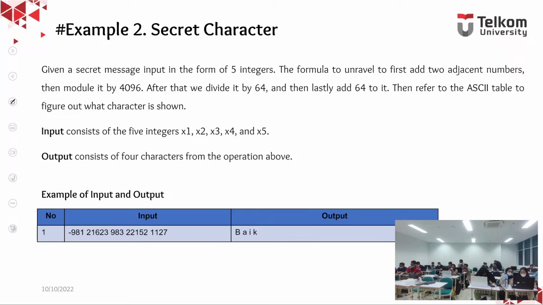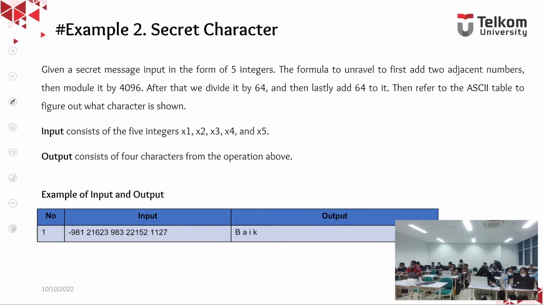So this is to process it by some formula. And then after we get the final result from the formula, we will convert it based on the ASCII table. Okay. So the input are 5 integers.